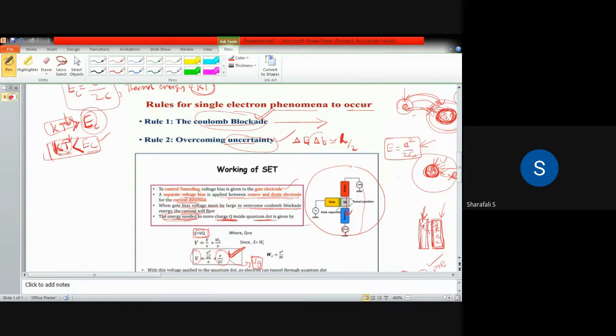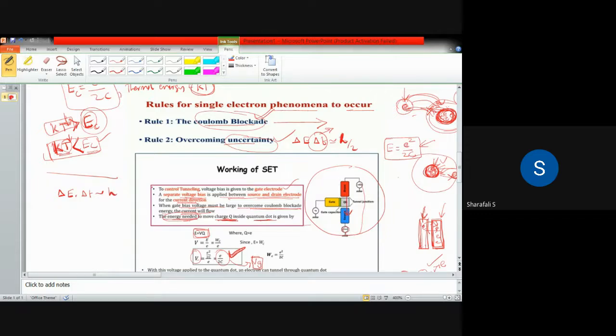And this time depends on your resistance, right? How is it going to depend on your resistance? For simplification, let us consider delta E delta T is almost equal to h.